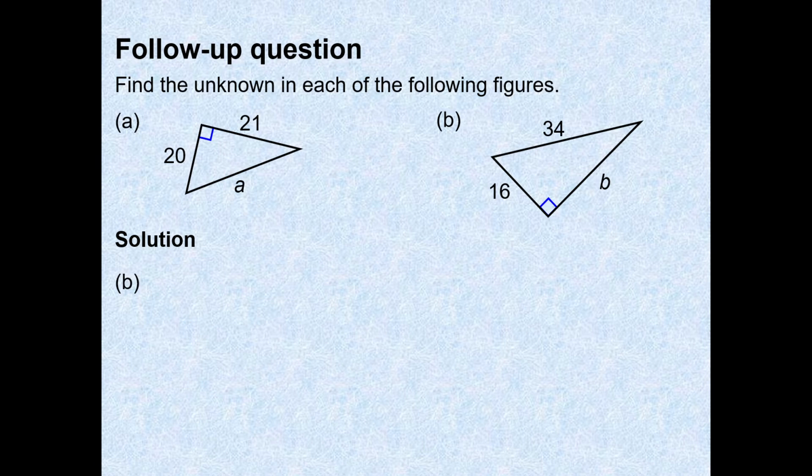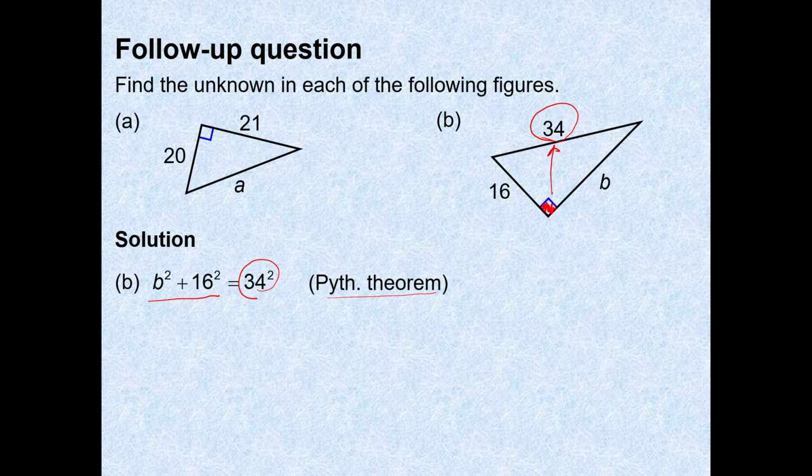For part B, the right angle is here. Opposite to the right angle is the hypotenuse, so in this case, 34 is the hypotenuse. We need to write down the 34 square on one side of the equation, and on another side, sum up the b square and the 16 square.